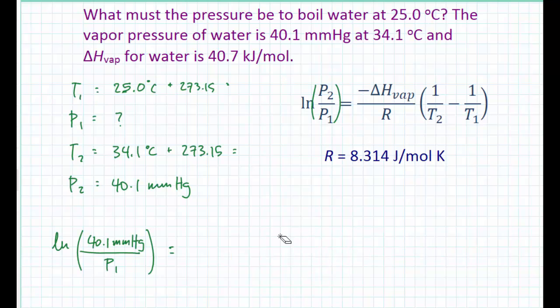So what I want you to do right now, copy this down because we'll deal with that in a second. But I want you to substitute all these numbers in, and just simplify that and get a number over here. So all those things are going to be numbers. Why don't you take a couple of minutes and crank through those numbers to make sure you get your parentheses in the right place.